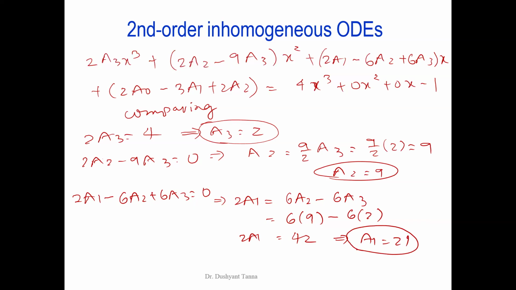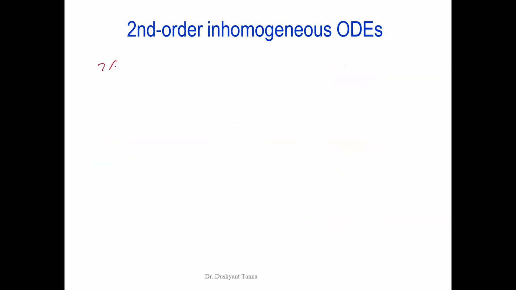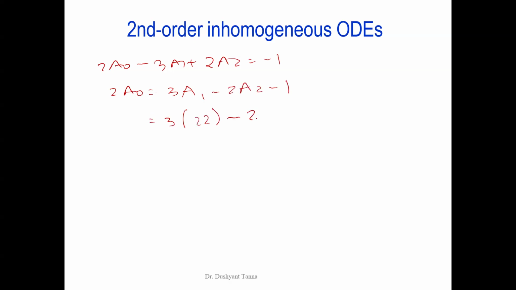The last thing. Again, when you flip it, please make sure you are copying it correctly. So 2A0 minus 3A1 plus 2A2 is -1. A1 is 21, A2 is 9.